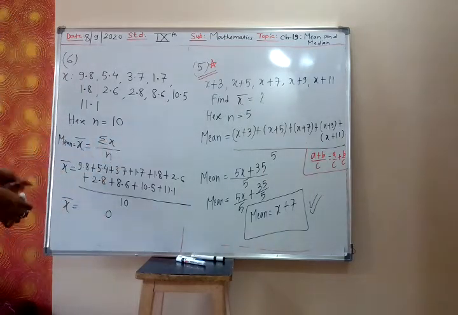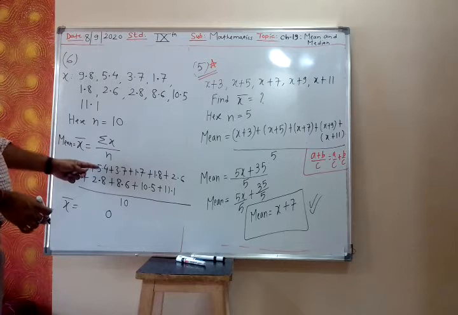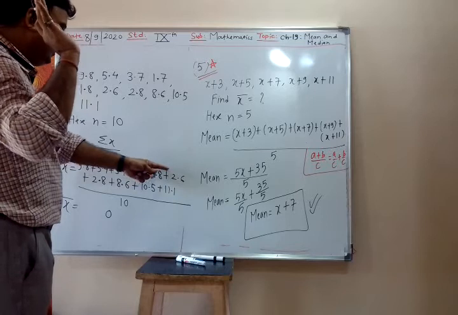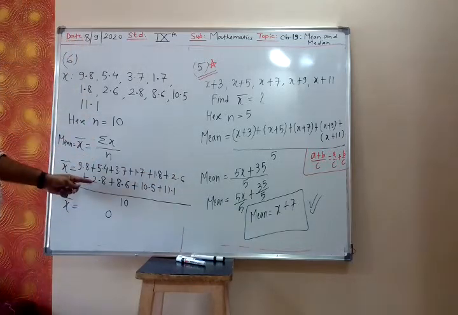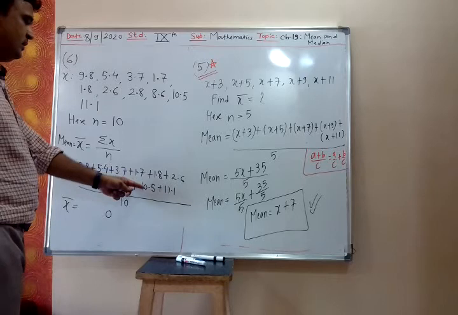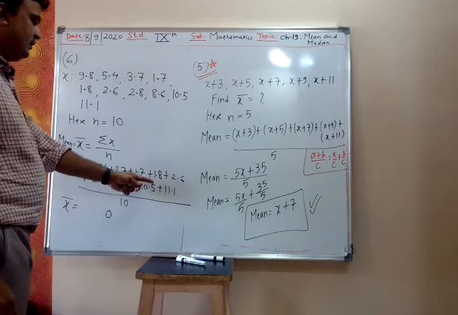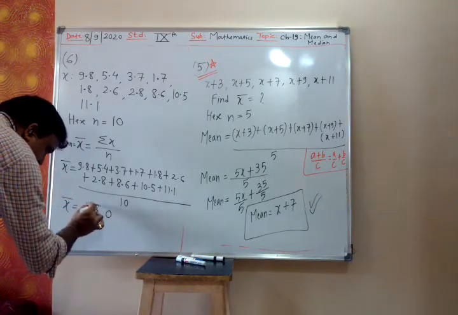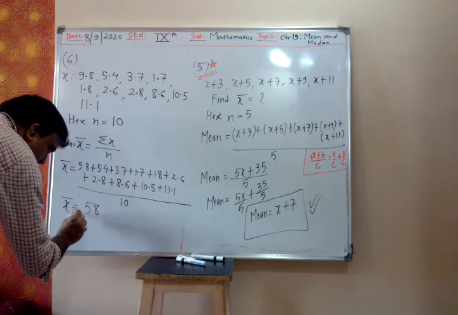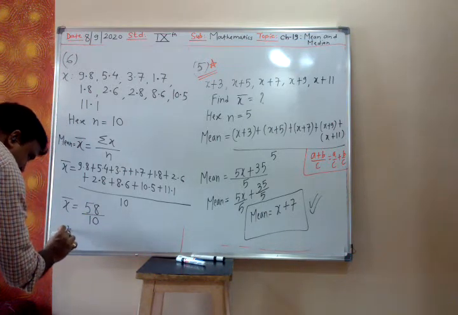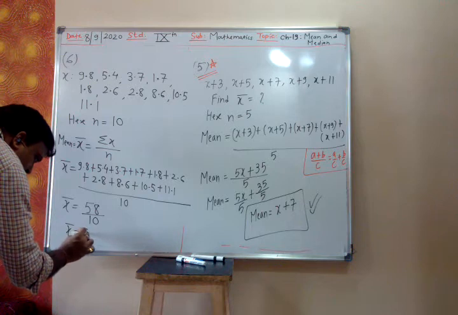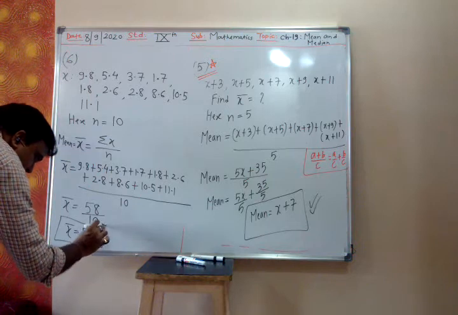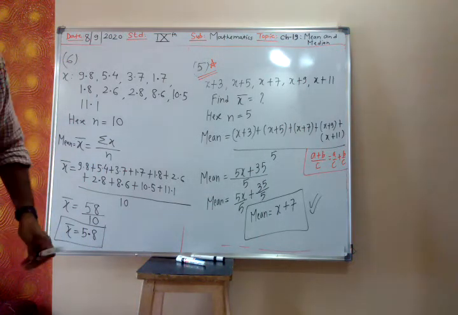Now 6 is carried. 6 plus 9 is 15, plus 5 is 20, plus 3 is 23, plus 1 is 24, plus 1 is 25, plus 2 is 27, plus 2 is 29, plus 8 is 37, plus 10 is 47. 47 plus 11 is 58. So 58.0, that is 58 upon 10. So x bar is 5.8. We put one decimal from the right. So the mean value x bar is 5.8.